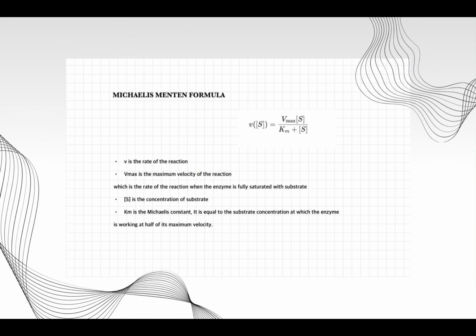S represents the concentration of substrate, and the last one, Km, is the Michaelis constant, which is a measure of the affinity of the enzyme for the substrate. It is equal to the substrate concentration at which the enzyme is working at half of its maximum velocity.